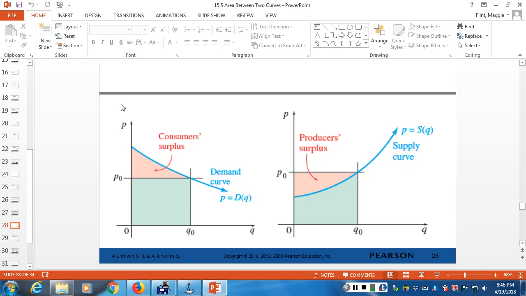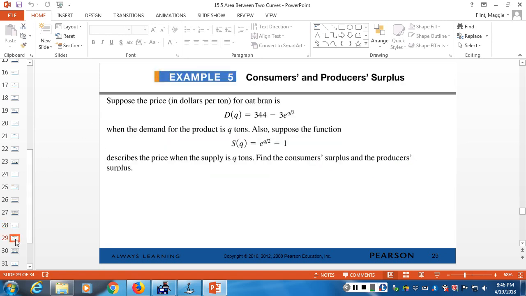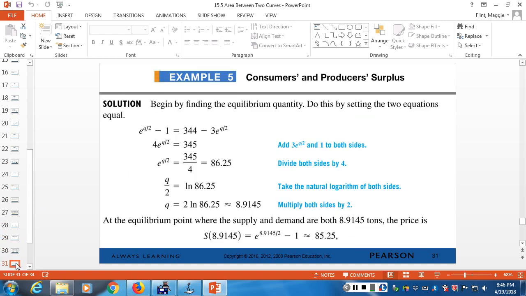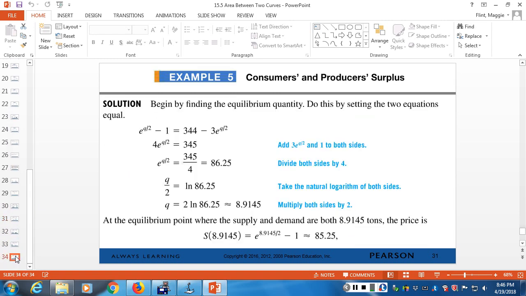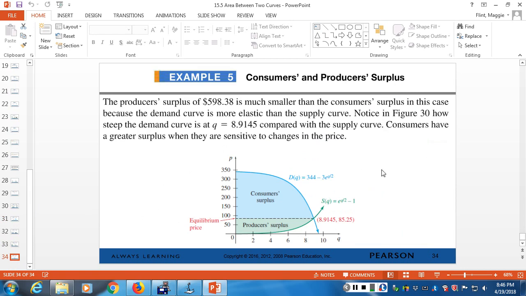If you graph those two curves together, which is ultimately what we're going to do, I'm going to skip ahead a little bit. When you graph those two curves together, the supply curve and the demand curve, your consumer surplus is all of the area above the equilibrium price. And your producer's surplus is all of the curve that's below the equilibrium price.